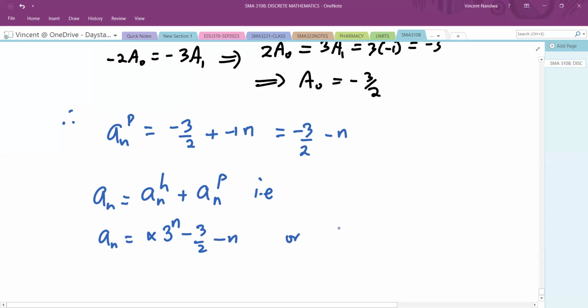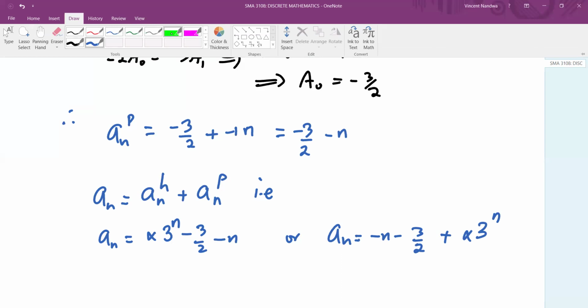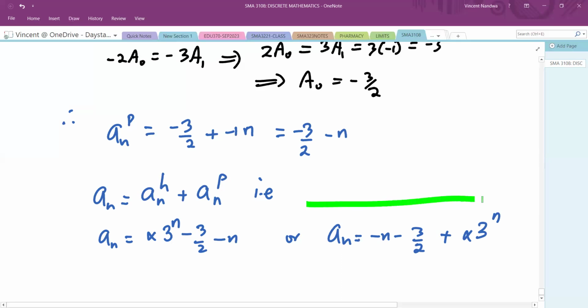Or we can write a_n equals minus n minus 3 over 2 plus alpha times 3 raised to power n. So this is the general solution of the given problem.